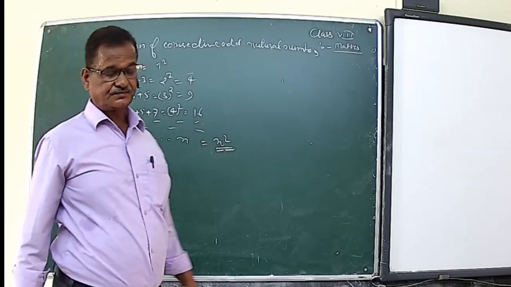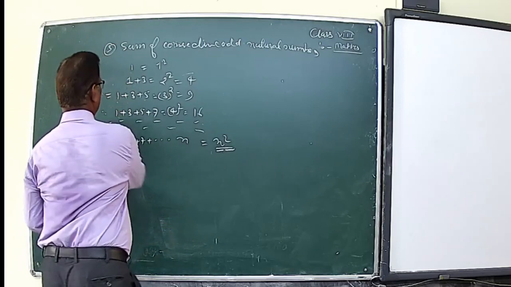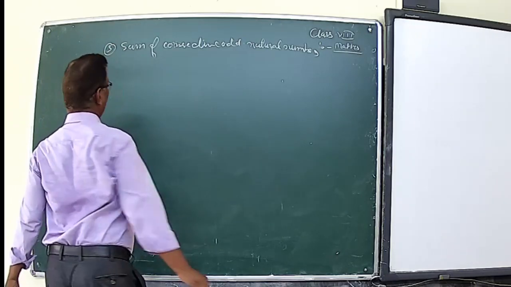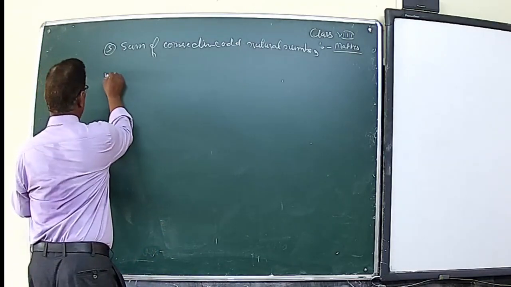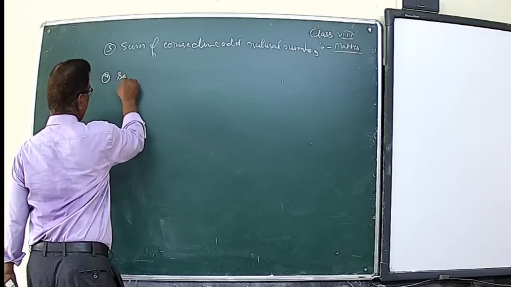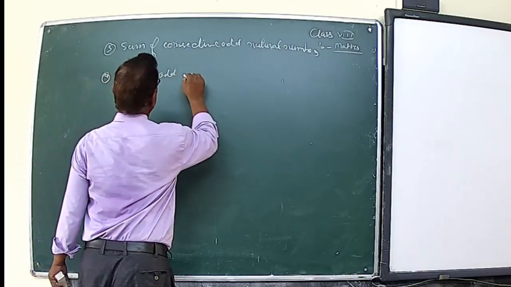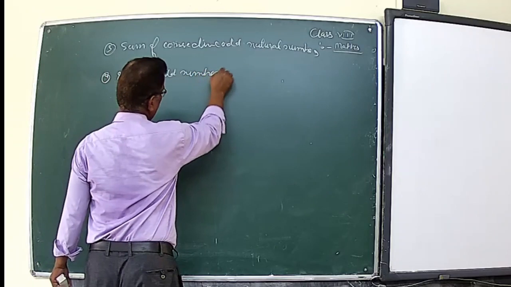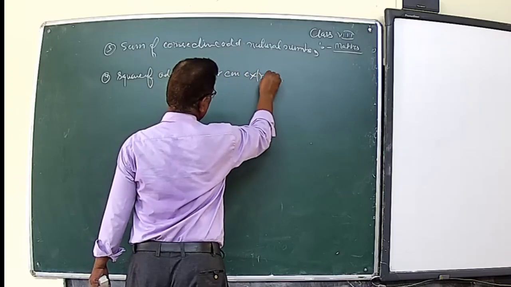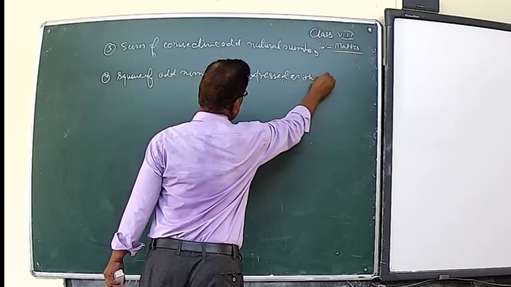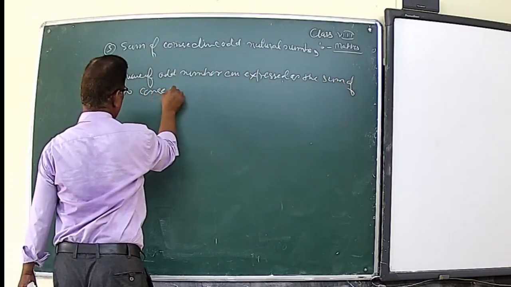The other property, the fourth: the square of an odd number can be expressed as the sum of two consecutive natural numbers.